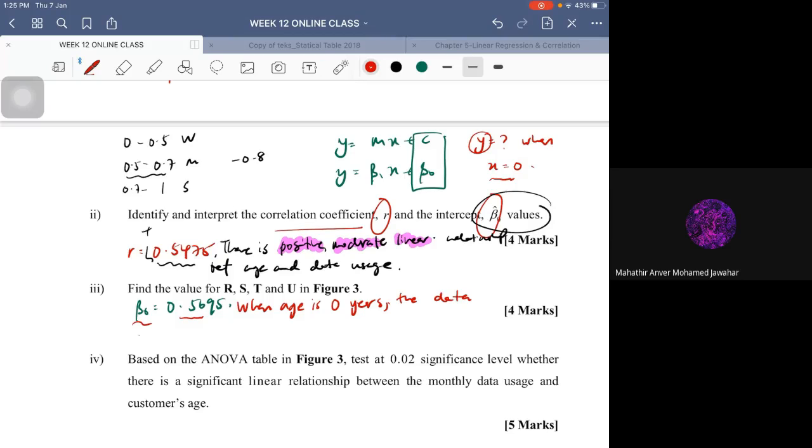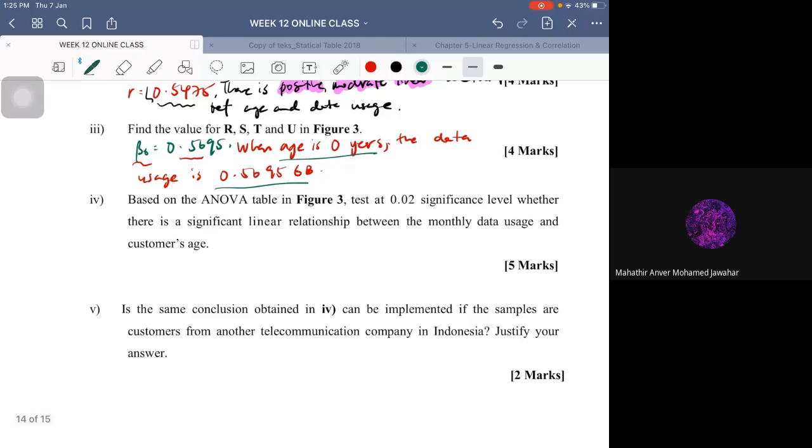So the data usage is 0.5695 gigabyte. That is the interpretation. Basically the intercept is just the value of y when x is equal to 0. So when age is 0, y equals 0.5695. That's it. That is your interpretation of beta naught. Okay, so this is actually what we wanted to discuss.